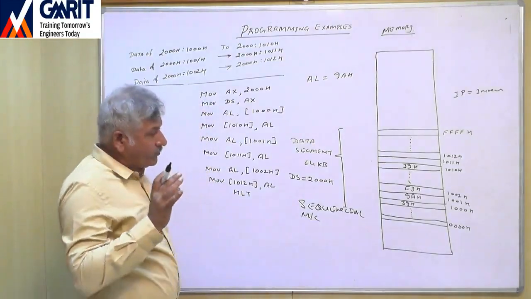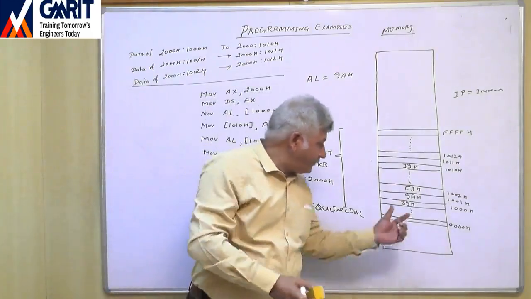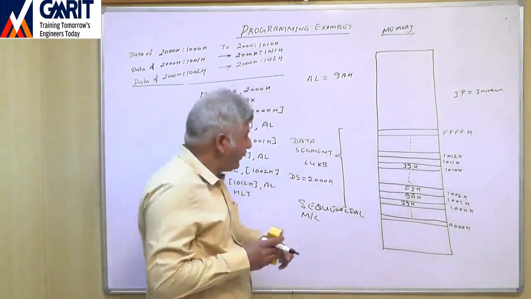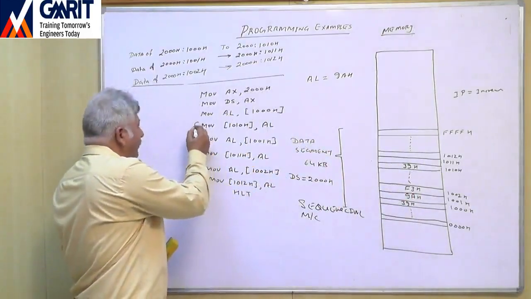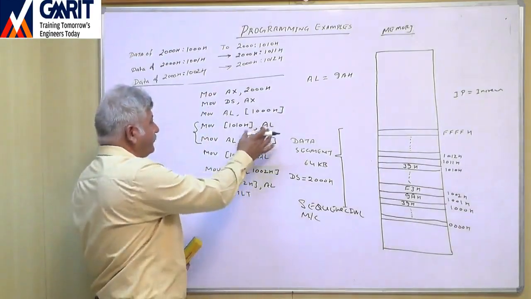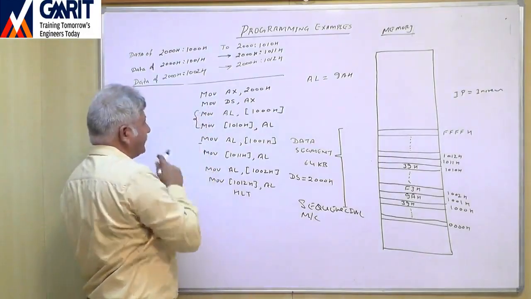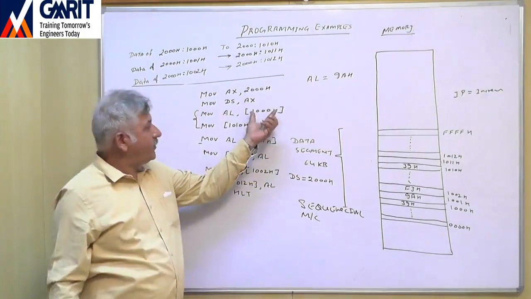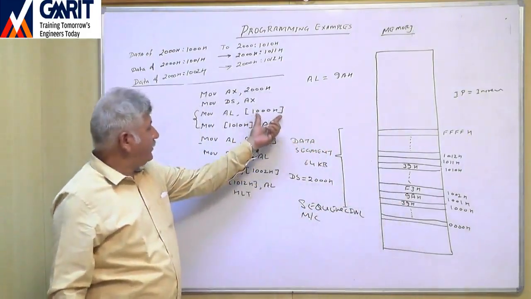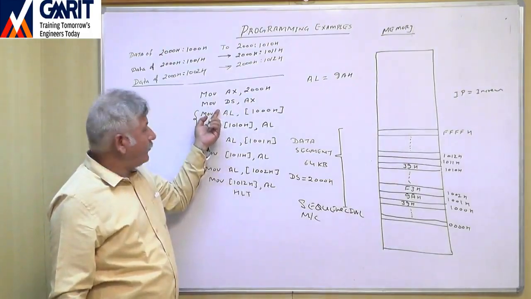Now here you just observe one thing. To transfer 1 byte from one location to another location, we basically require 2 instructions. First, from the offset 1000, we will bring that data inside some register of the microprocessor.